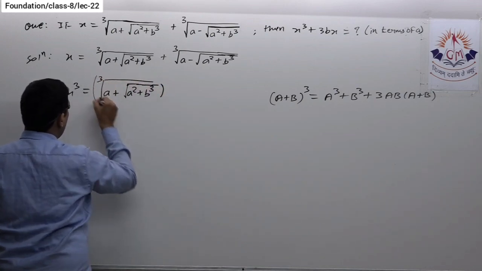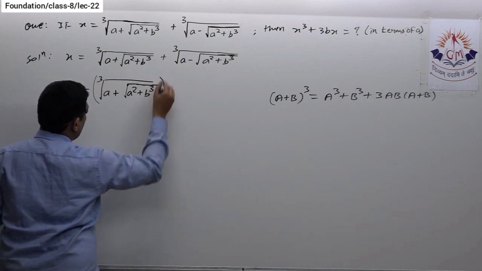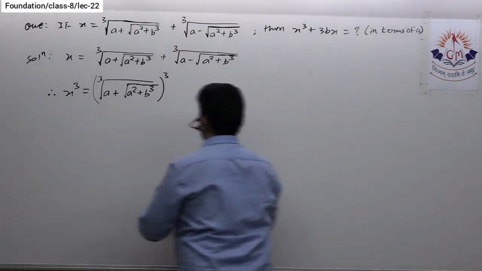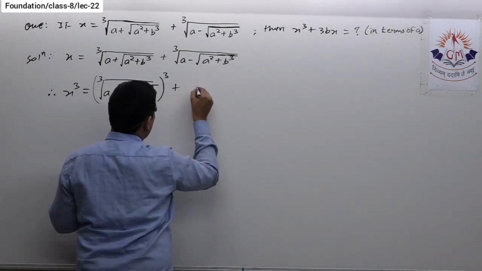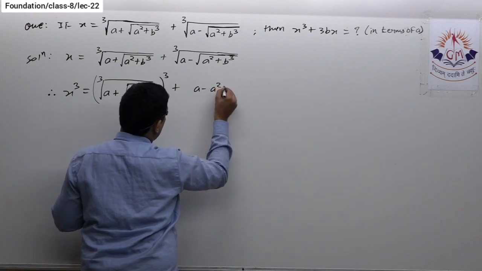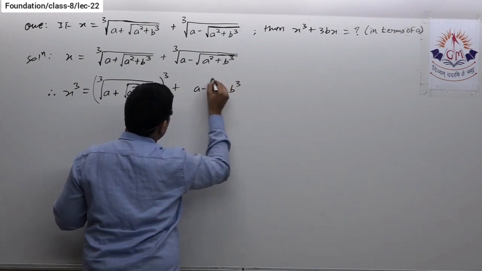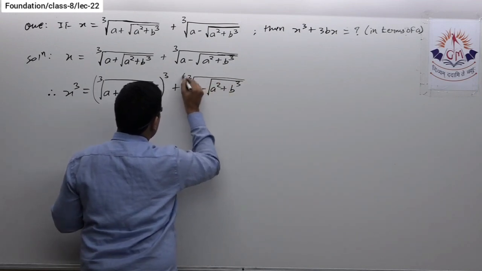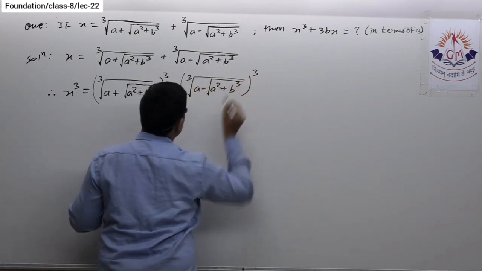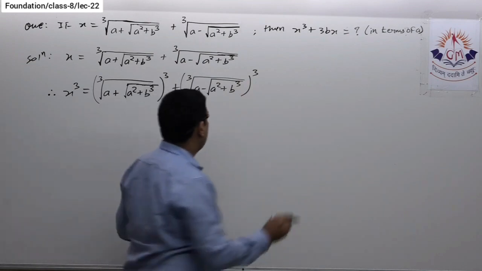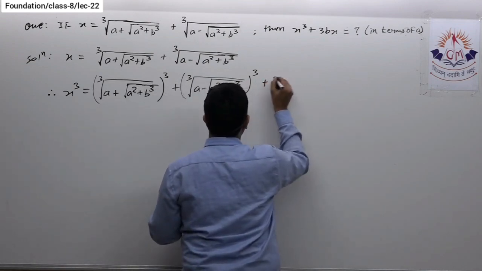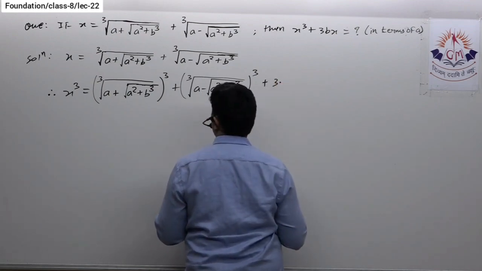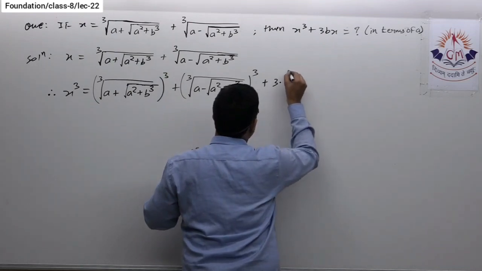So when I say cube of this, the cube root sign will cancel out, a plus square root of a square plus b cube. Then plus cube of this, a minus square root of a square plus b cube, its cube root and then its cube. So a cube plus b cube plus 3ab. However, this step is not required, but I'm writing for your better understanding. Plus 3 into a into b. That means this.